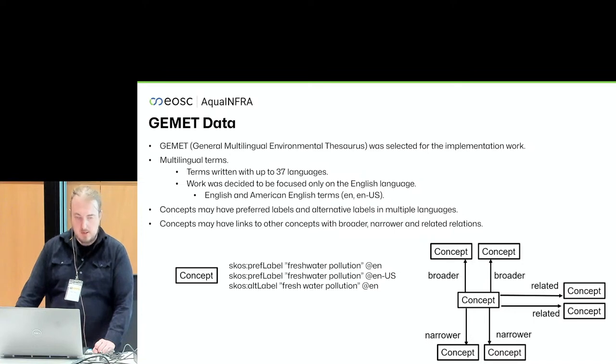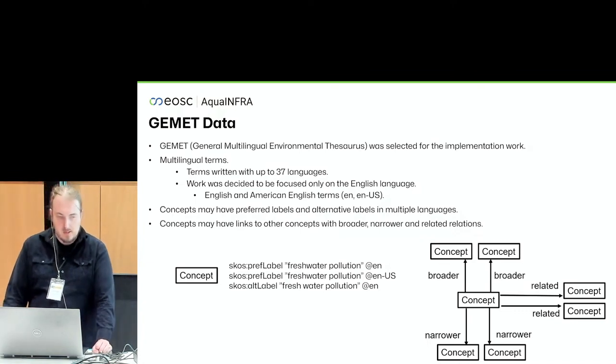GEMET contains terminology in many different languages, so there can be terms written in up to 37 different languages. We decided to limit the project only to the English language.